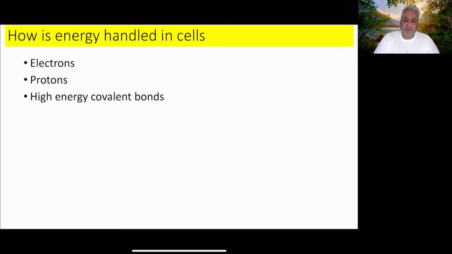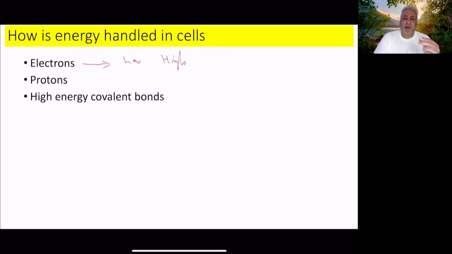Well, food molecules contain electrons, and those electrons come in various orbitals. So the low orbital electrons contain less energy than the high orbital electrons. And by moving these electrons between molecules, their energy can also be transferred.